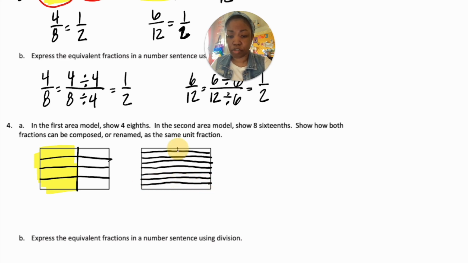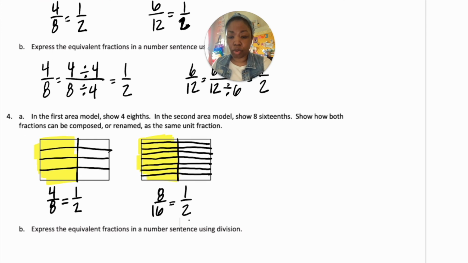Eight rows of 2, right? Because 8 times 2 equals 16. I'm going to shade 8. Both of these are 1/2. Four eighths equals 1/2. 8/16 equals 1/2.